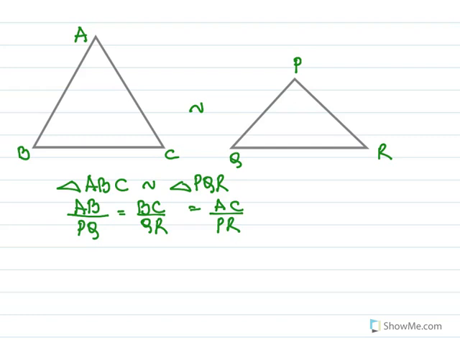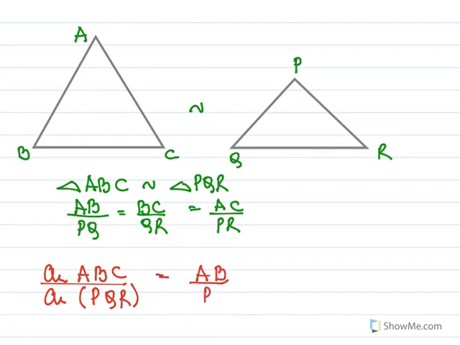And the property is about the area of the triangle. So area of ABC over area of PQR will be equal to AB over PQ the whole square.